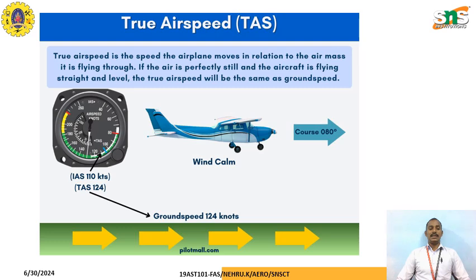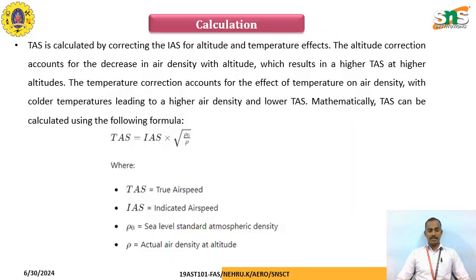In the last class we saw the indicated airspeed from the instrument, and from the wind correction and ground speed we add up to 124 knots. So the actual indicated airspeed shows 110 knots, whereas the true airspeed is 124 knots. The wind is to be corrected by doing the calculation.